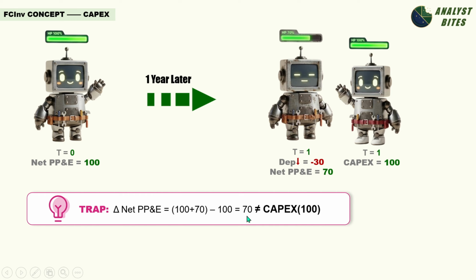So the change is only 70, which is not our CapEx of 100. Why? Because net PP&E is already weakened by depreciation. To find the real cash spent, you must add that depreciation back.